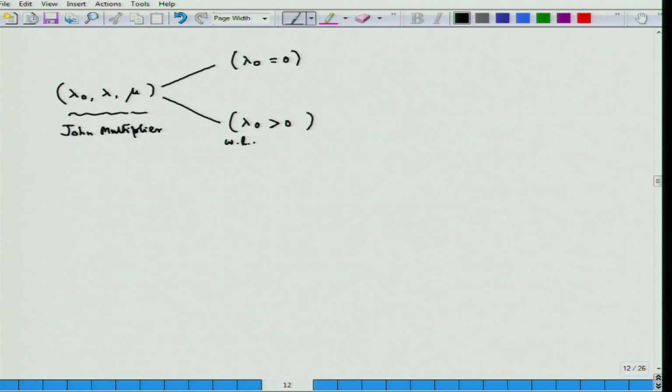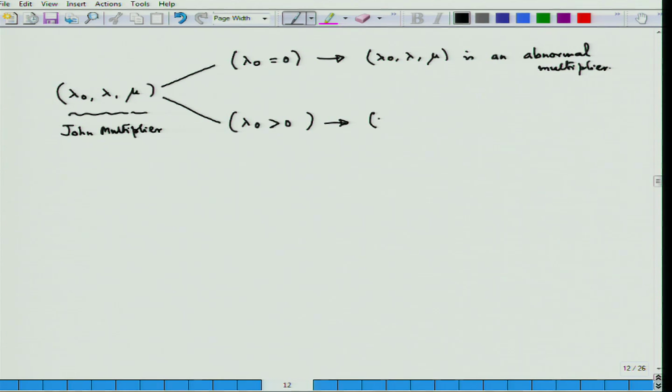In the first case we say that lambda naught, lambda, mu is an abnormal multiplier. In the second case we say that lambda naught, lambda, mu is a normal multiplier.